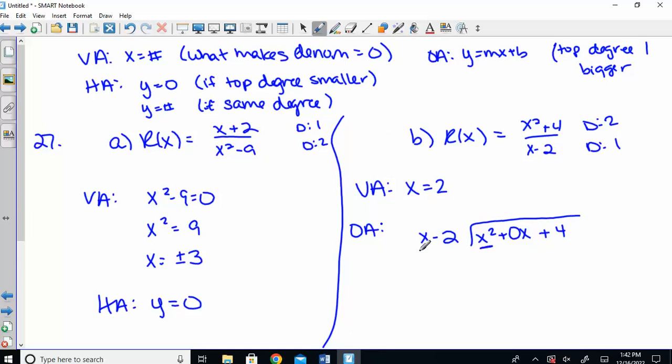Okay, so then we divide. So the first question you do, what's x squared divided by x? X. Then you multiply. So x times x is x squared. X times negative 2 is negative 2x. What do we do at this point?